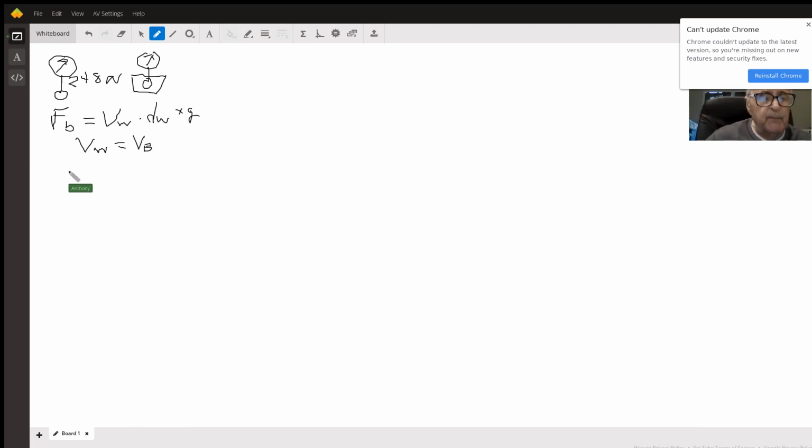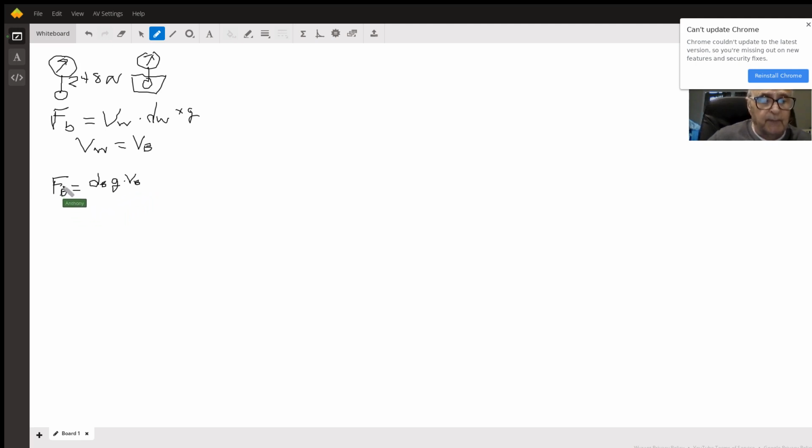Well, we know the force of gravity on the brass without water is 248 newtons. So the force on the brass is equal to the density of brass times the acceleration of gravity times the volume of the brass.